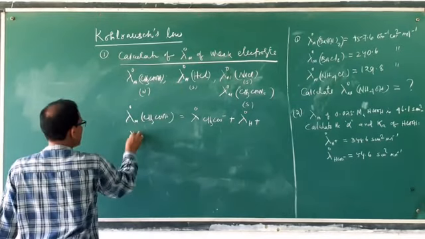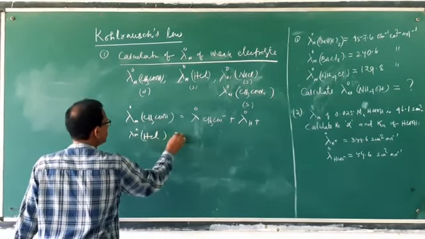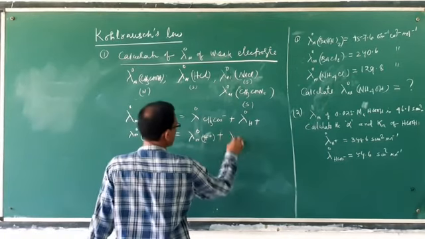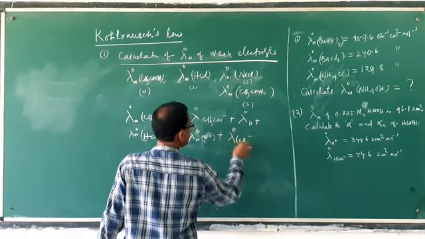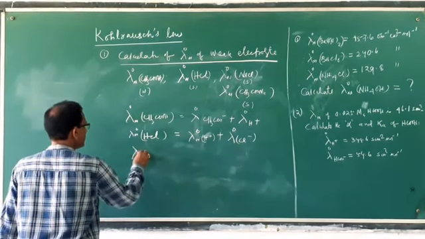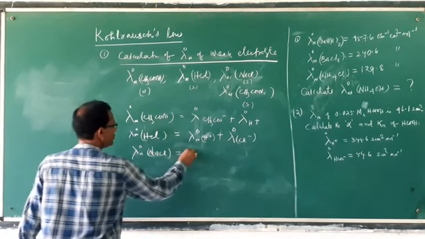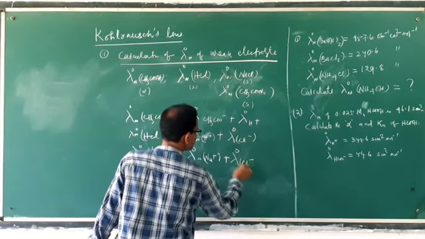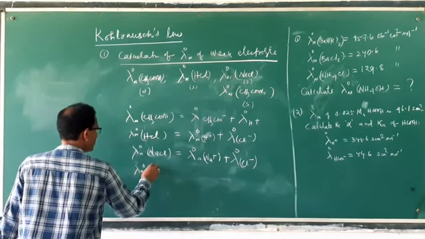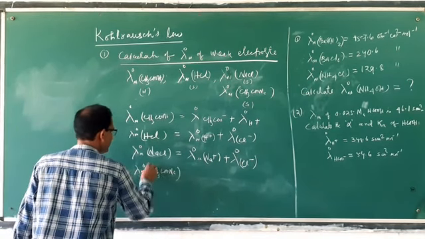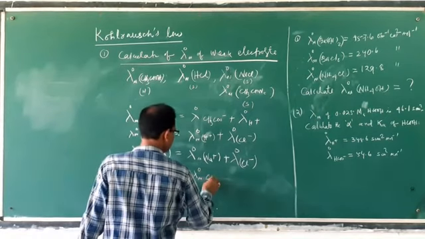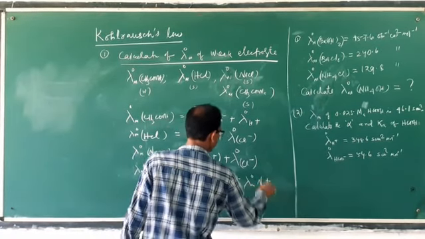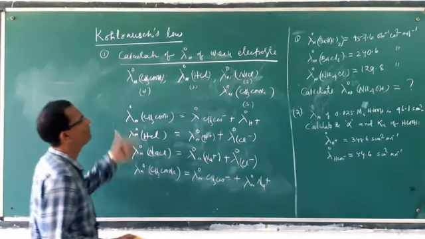So similarly, lambda m naught of HCl will be equal to lambda m naught of H plus plus lambda naught of Cl minus, and lambda m naught of NaCl will be equal to lambda m naught of Na plus plus lambda m naught of Cl minus, and lambda m naught of sodium acetate will be equal to lambda m naught of acetate ion plus lambda m naught of Na plus ion. So these are the given values.